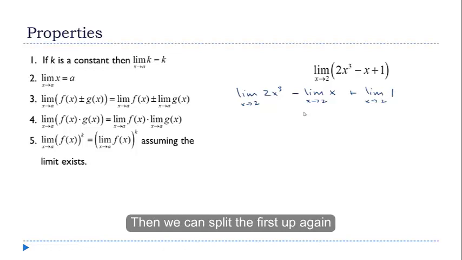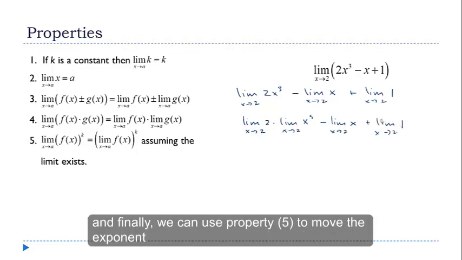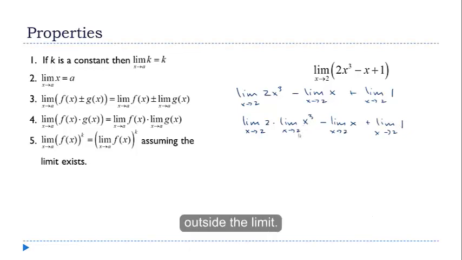Then we can split the first part up again using property 4. And finally, now we're going to use property 5 to move the exponent outside of the limit.